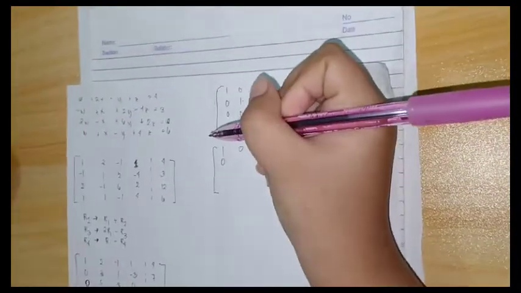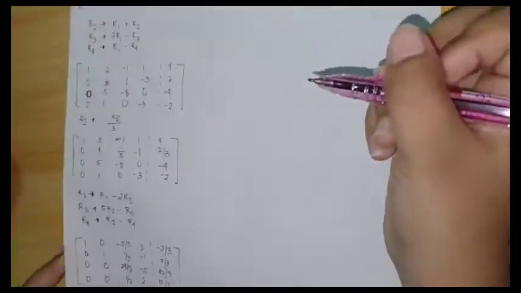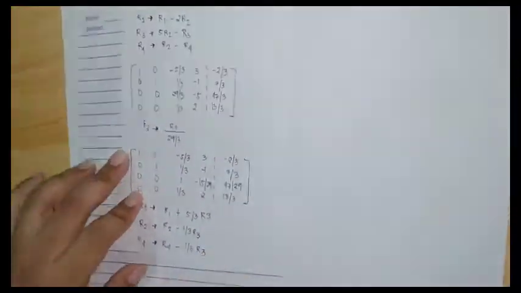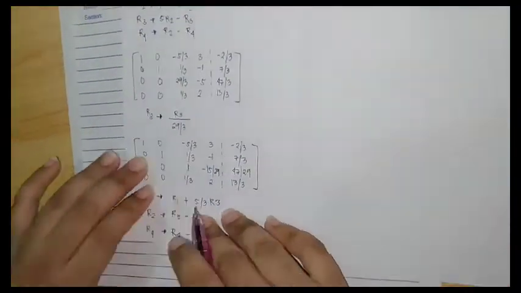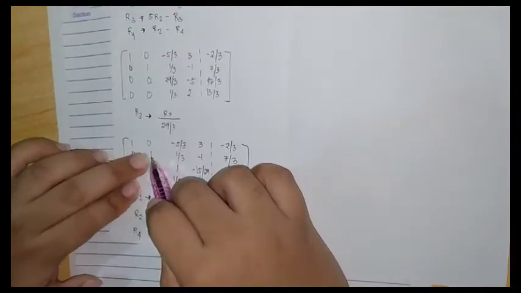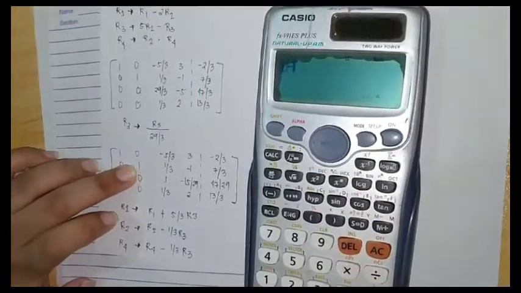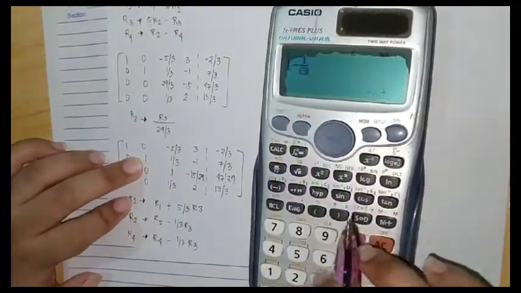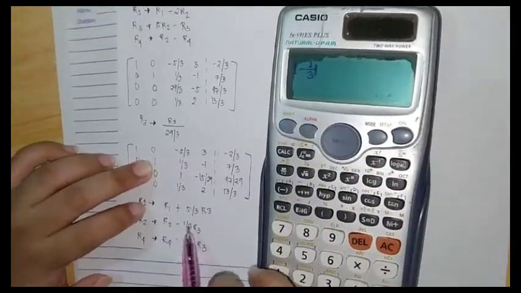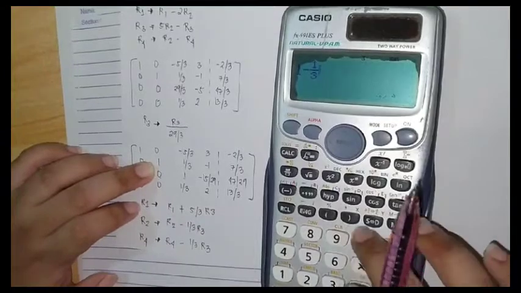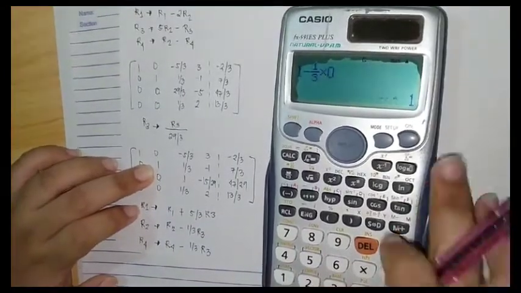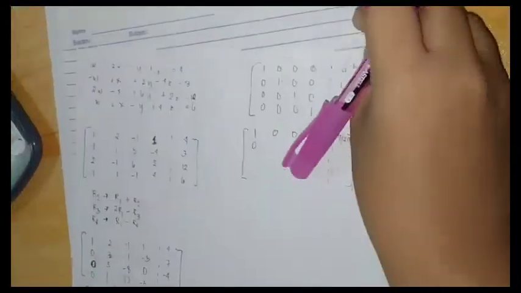Next, 1 minus 1/3 R3, 0 times 0, we have 1.